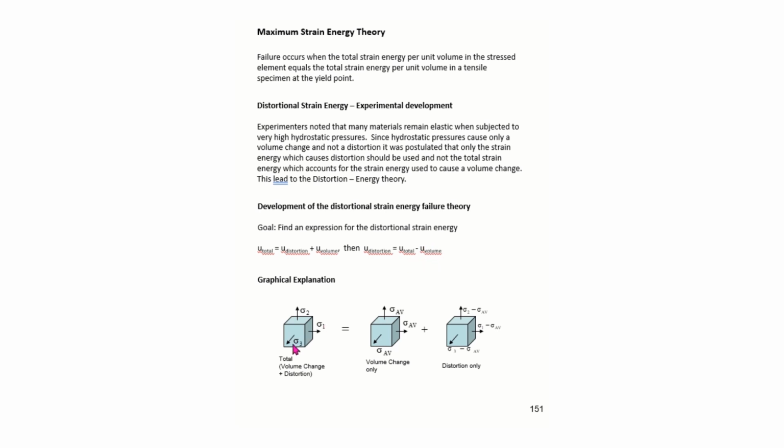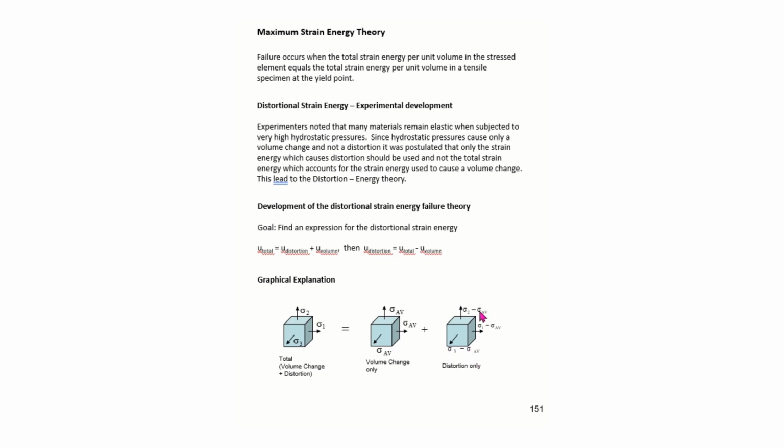Graphically, this can be written as follows: here's my total volume and distortion change, which would be a volume change in a distorted element due to sigma 1, 2, and 3, and that would equal the volume change, or an average stress on all of these faces, plus the distortion, which would be the difference between sigma 1, 2, and 3 and the average stress.